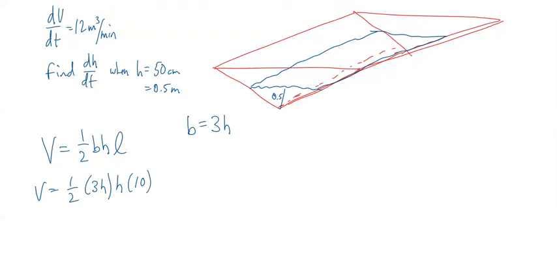But it's the setup. The whole question is easy from here down. Getting to this point is key. dV by dt is 12. h is 0.5.